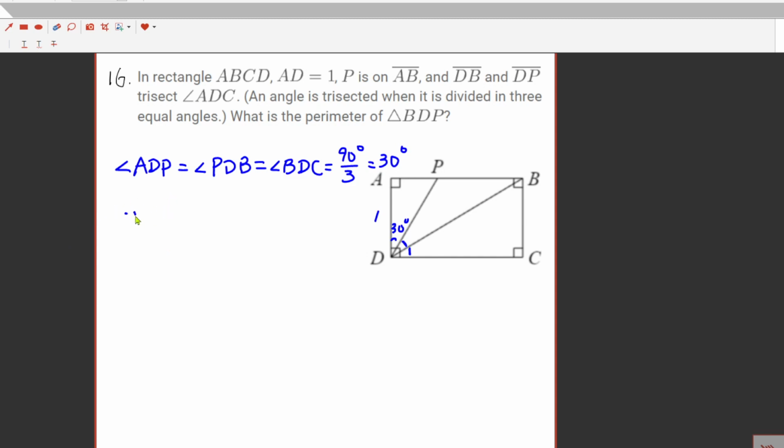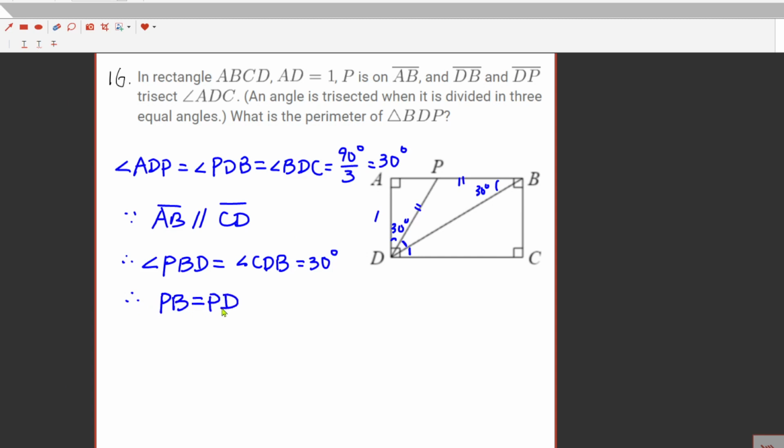And because segment AB is parallel with segment CD, this gives us angle PBD equals angle CDB, right? That angle is also 30 degrees. Therefore, triangle BDP is actually isosceles. This side equals this side. So we could conclude PB equals PD, right?